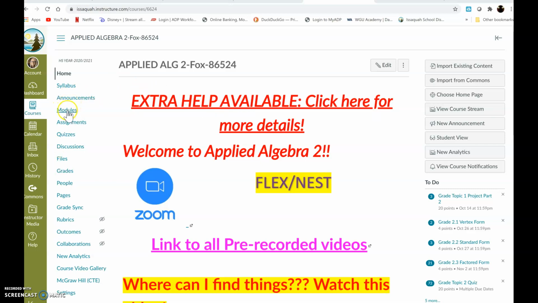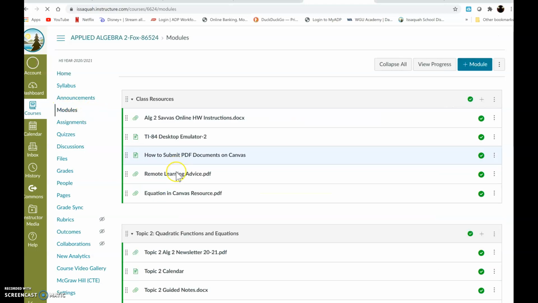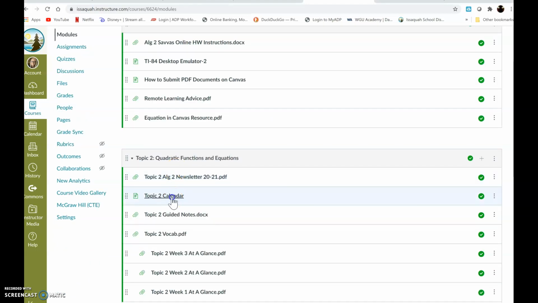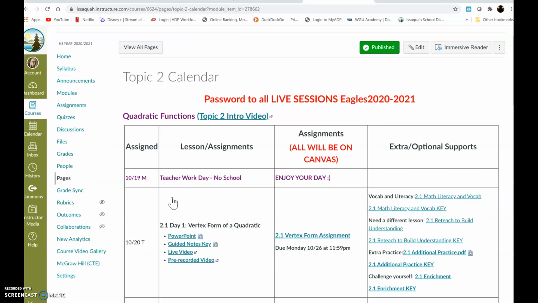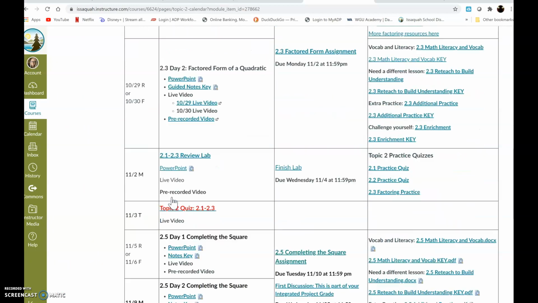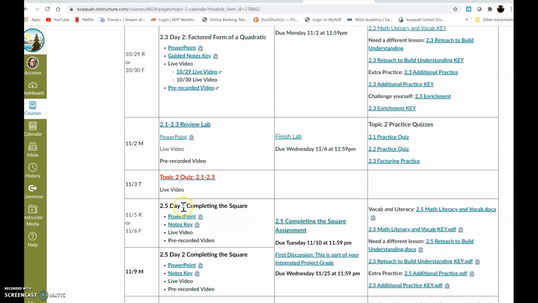And then if you go to Modules, and you go to Topic 2 Calendar, and so for the rest of this week, again, there is the PowerPoint that we would have gone over, and the notes key, and then the pre-recorded video that I'm making right now will be linked right there. And then you can start your assignment. So there's the 2.5 completing the square assignment. So you can do all of the ones where a equals 1.